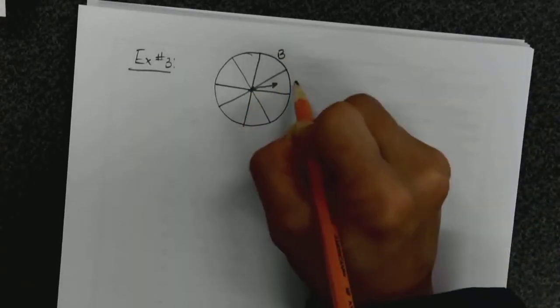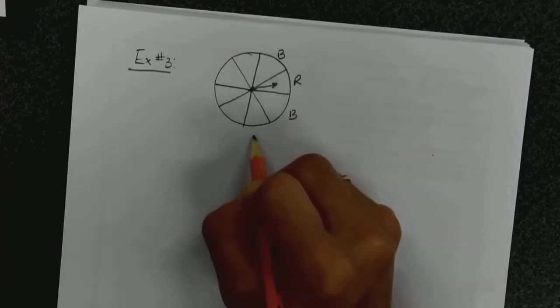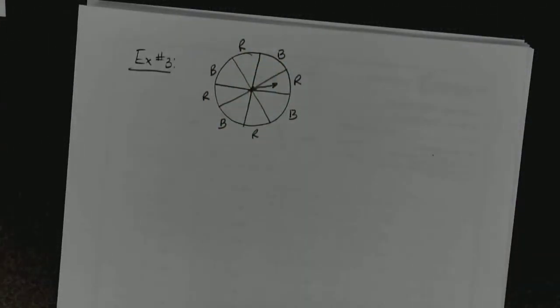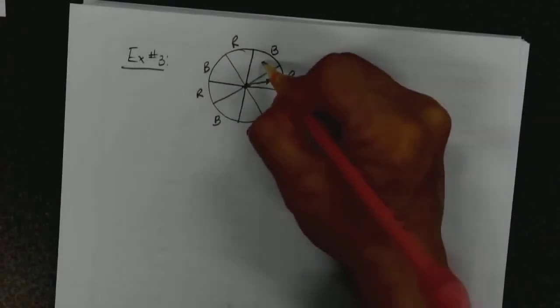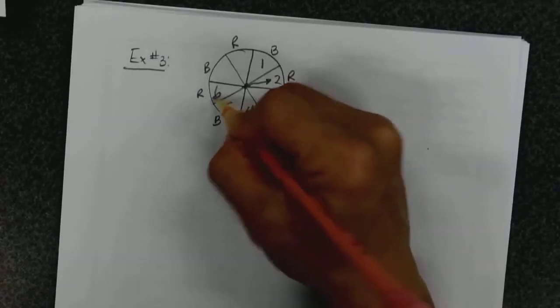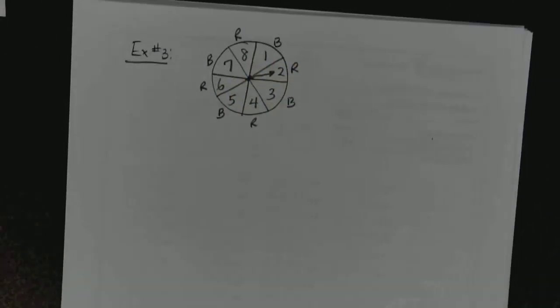Let's do blue, red, blue, red, blue, red, blue, red, and we're going to number them 1, 2, 3, 4, 5, 6, 7, 8. So I have a spinner that's blue and red with numbers on them.